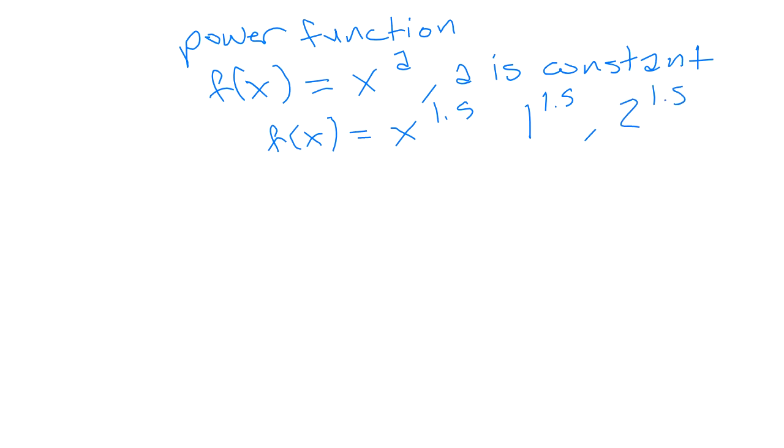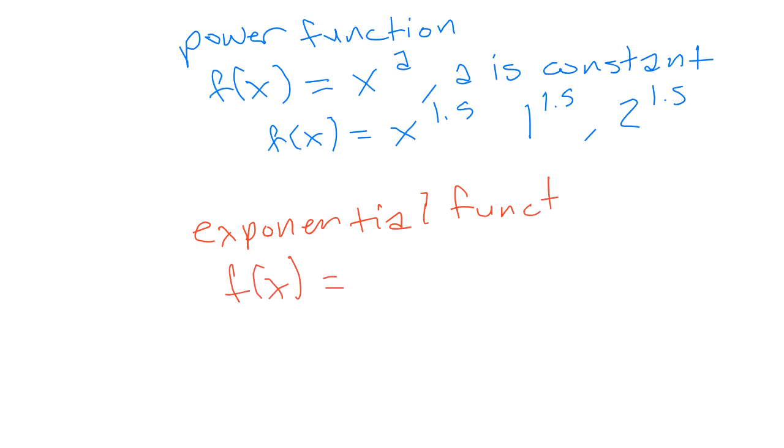Then, however, we also need to be careful not to confuse these with our exponential functions, because exponential functions, while they're similar, are a little different. Exponential functions are going to be defined as having f of x equals some constant a to the x power.